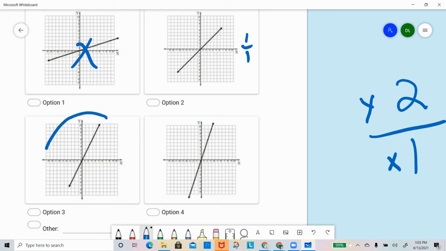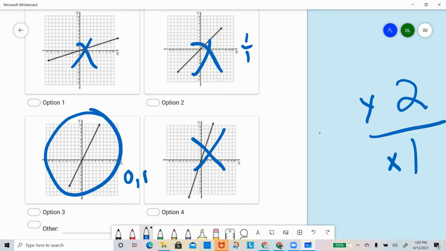Oh, that's a change of 2 up for every 1 to the right. This one, for a change of 1, we get 3. We don't want that.